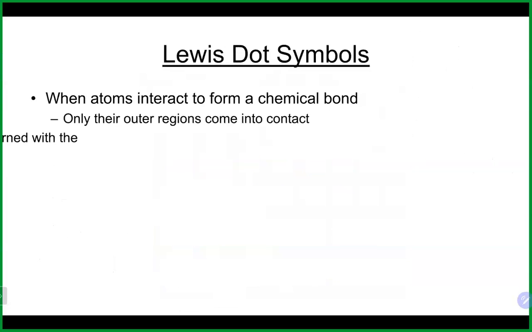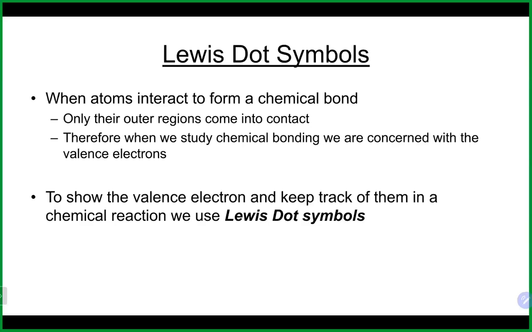So that brings us into a little prelude to bonding in the next chapter. Lewis dot symbols are also sometimes referred to as electron dot symbols. These are symbols where we use the chemical symbol and one dot to represent each of the valence electrons there are.